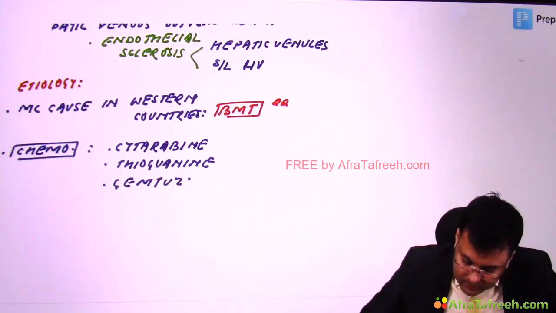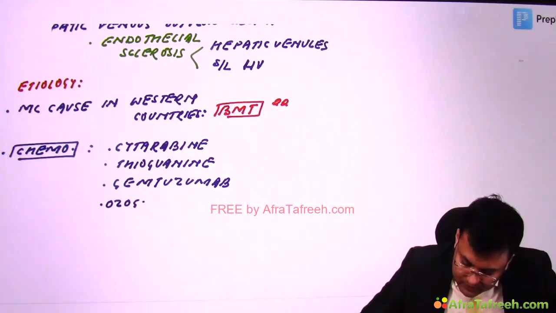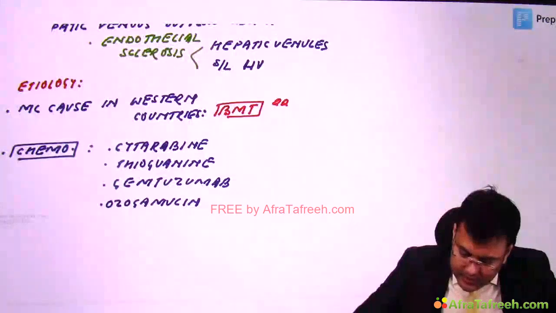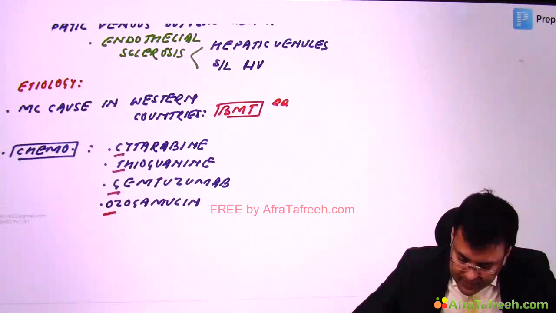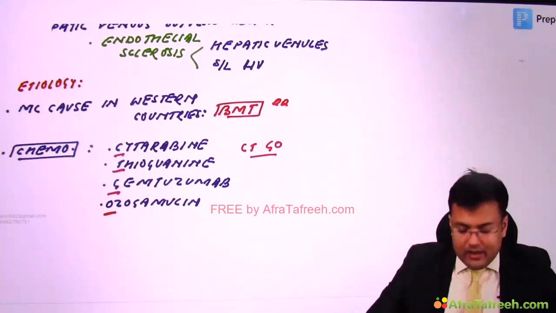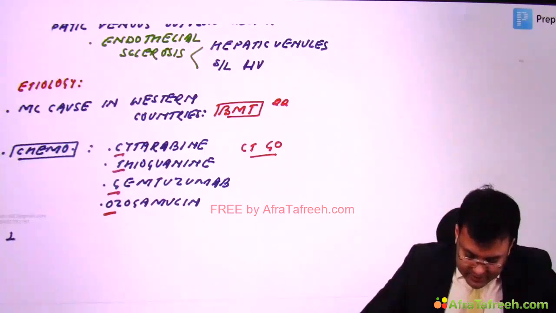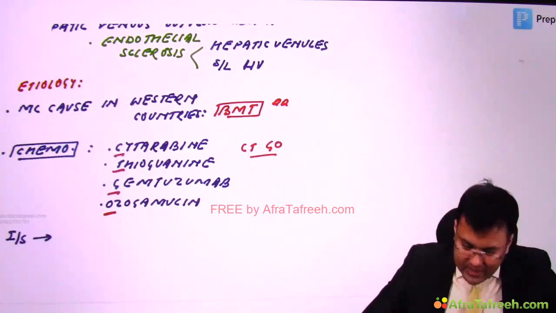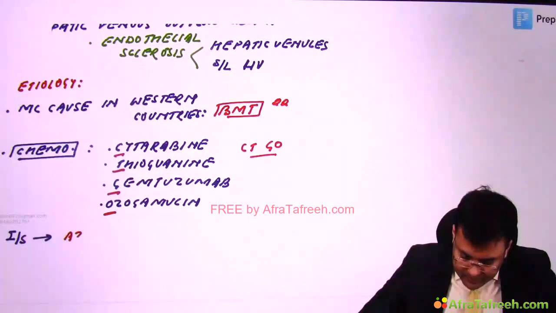Clear? How to remember? The mnemonic is CTGO. Then immunosuppressive agents, immunosuppressants like azathioprine.